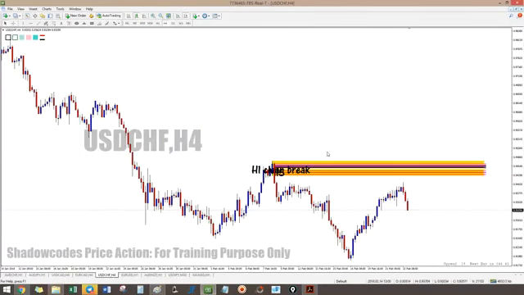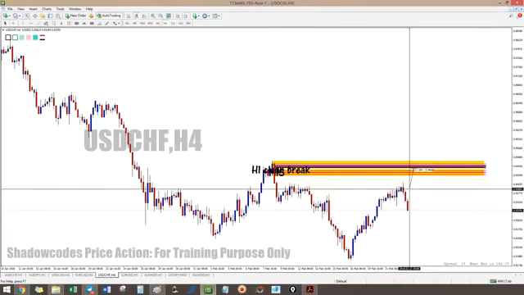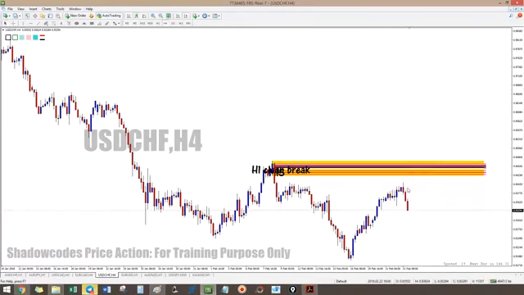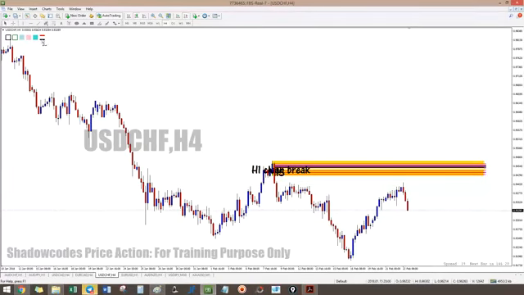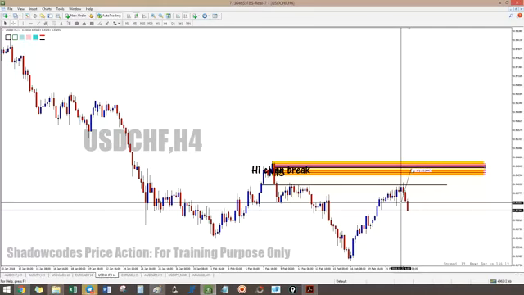Actually, it's really hard to see a rejection when price does not come into your zone. We will find the rejection when price goes into our zone. This is a stop liquidity zone, but we will learn that later. Later price will go up here, and this looks like a good place.